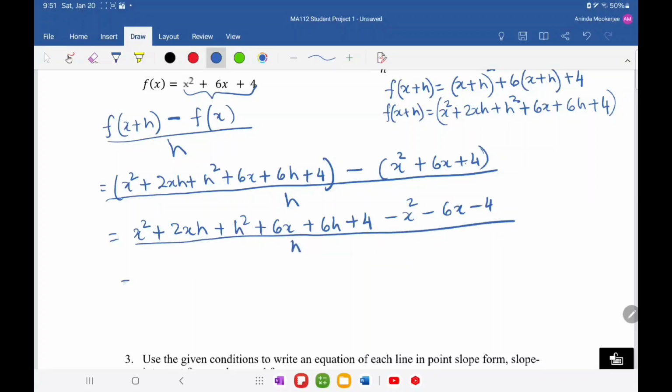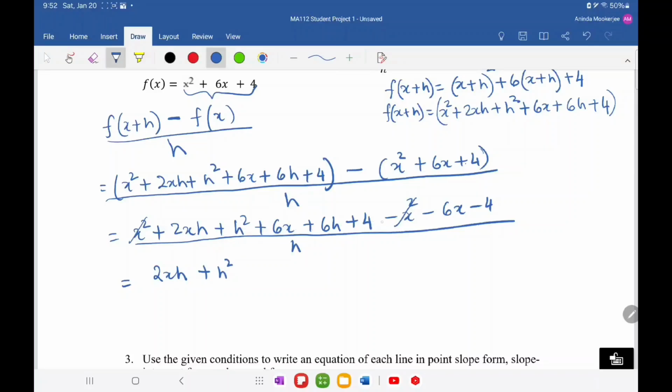So now let's see how we can simplify this. We see x squared and x squared, they subtract, right? x squared minus x squared is 0. So we got rid of the x squared. Then we have 2xh. Is there any other term with xh in it? No, right? So 2xh stays as is. h squared. Is there any other term here with h squared in it? No. So h squared stays as is. Is there any term with 6x in it?